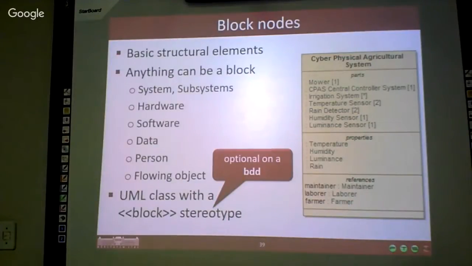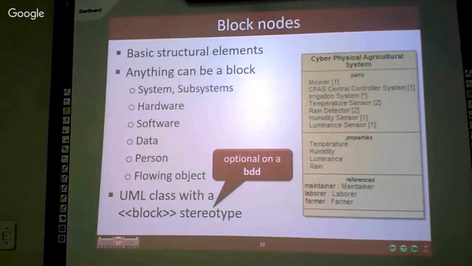Blocks are the fundamental modular units for describing our systems, and compartments are used to depict the parts, properties, references, and many, many other things. And the block can be nearly everything, starting from system, subsystem, hardware, software, data, and so on.